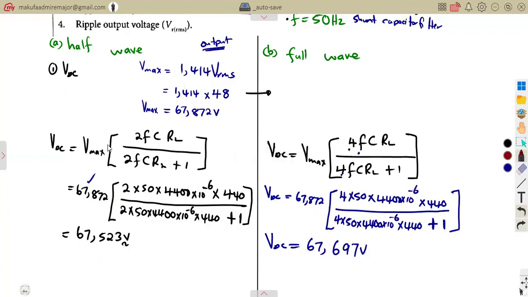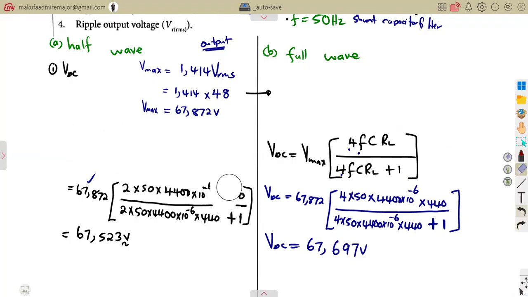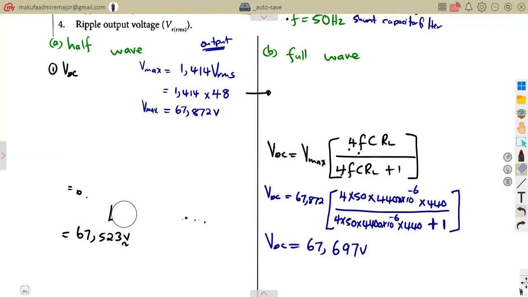All right, because of other calculations that you might have later on, we might need these values that we are seeing. So I'm just going to take this part just for the sake of revision. We obtained our VDC on this side, 67.523.